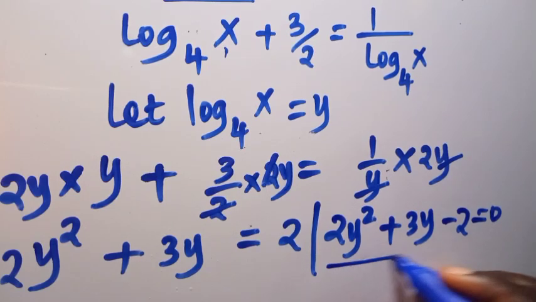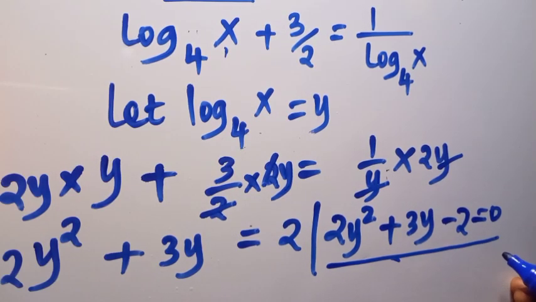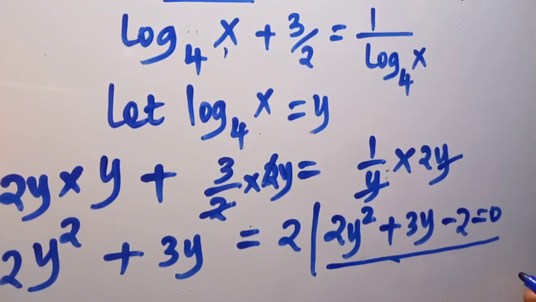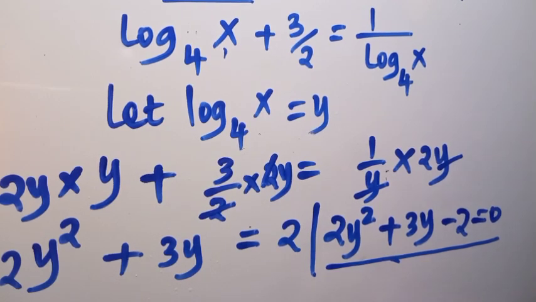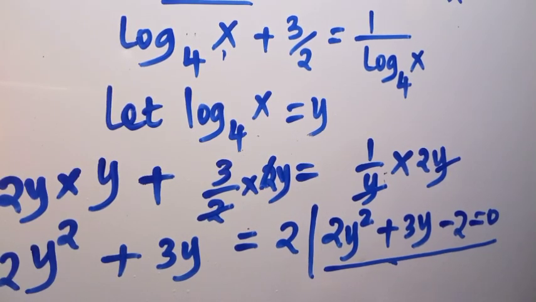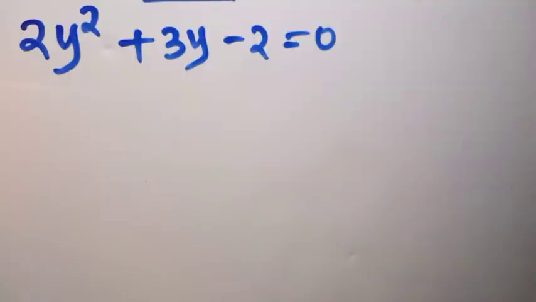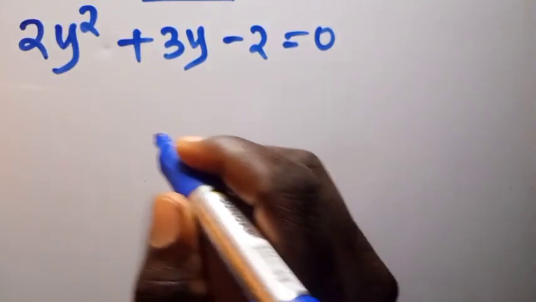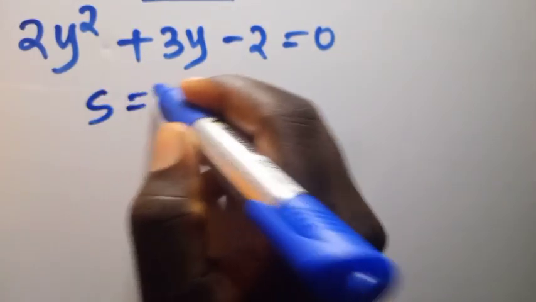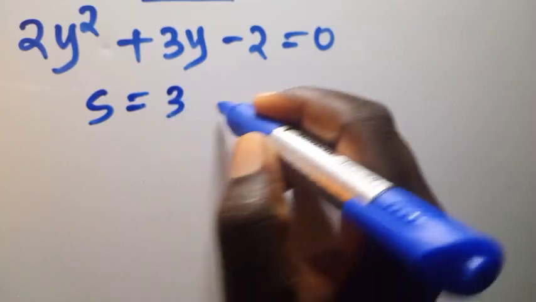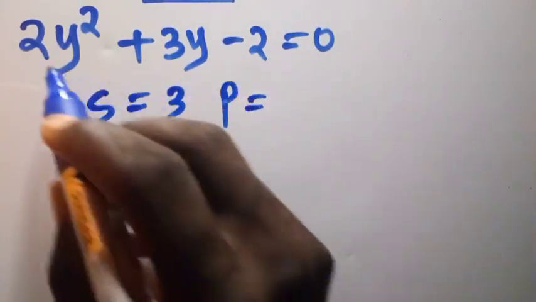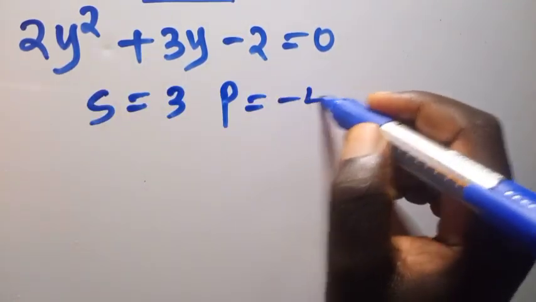This is a quadratic equation, and we can solve it using factorization, the quadratic formula, completing the square, or the graphical method, but we shall use factorization. The sum is 3, and the product is 2 times negative 2, which is negative 4.